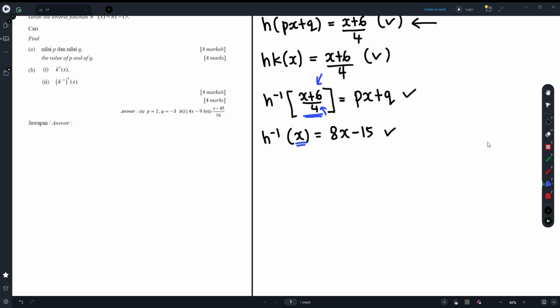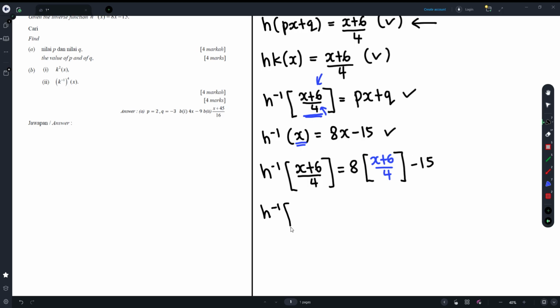So I need to substitute this into the main equation. So I'm going to take h inverse and put (x plus 6) over 4. The same changes will be done here. In the position of x, I'm going to put (x plus 6) over 4 and then minus 15, following this top equation.